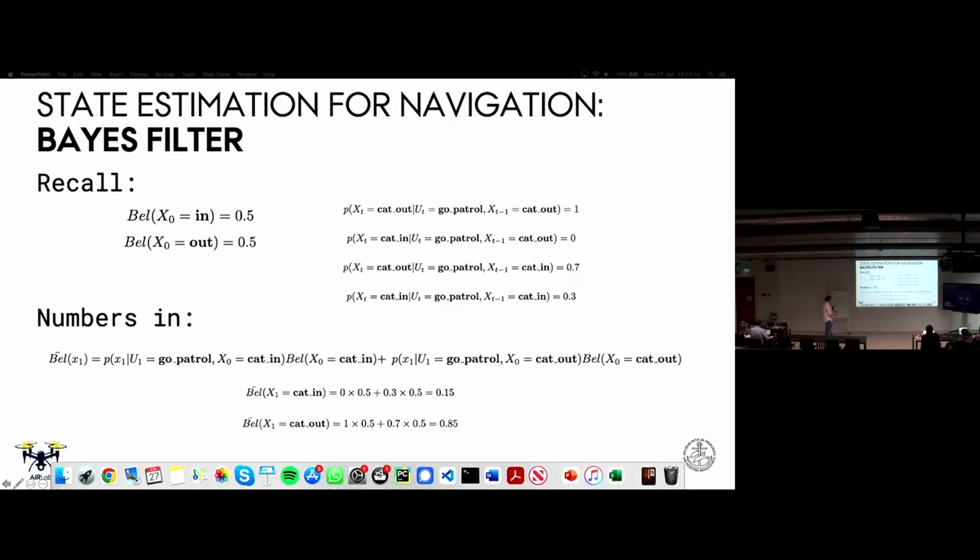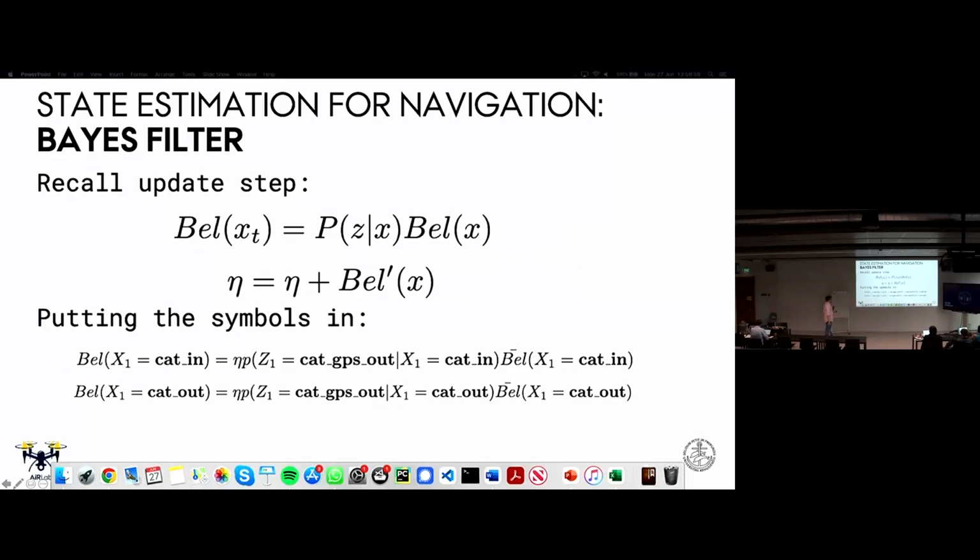But the idea is easy. So you can now see the update step, which itself uses the actual measurement model and the probability of a measurement given a particular state. So this is going to be the GPS that we defined in the past, and the belief is the belief that we've just calculated in this step here.